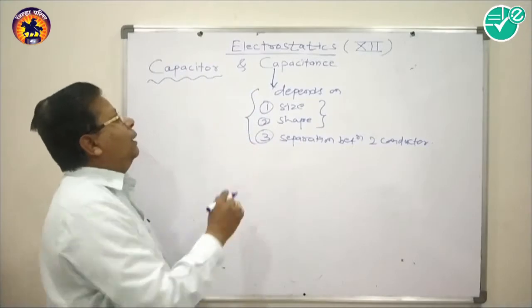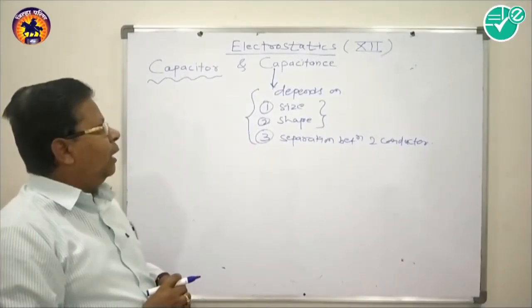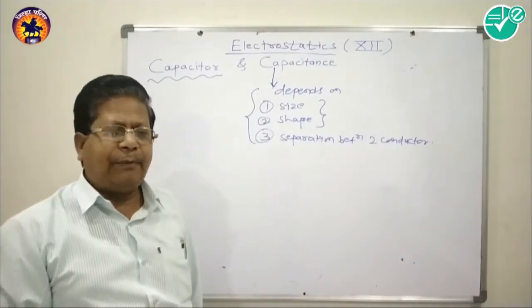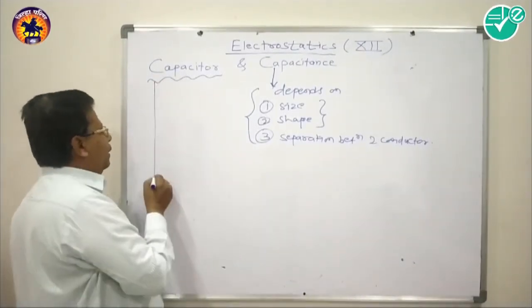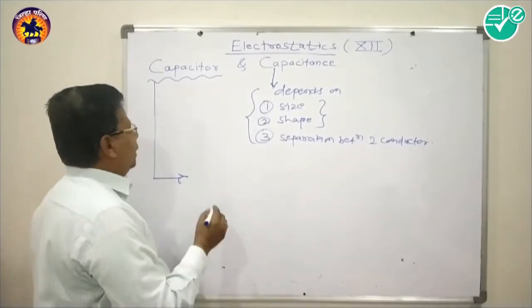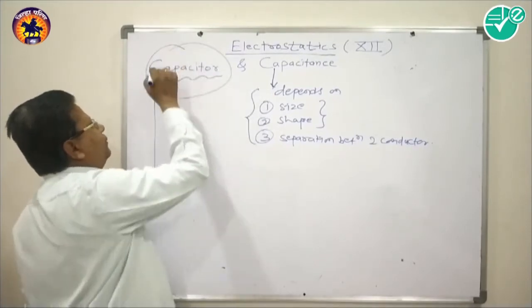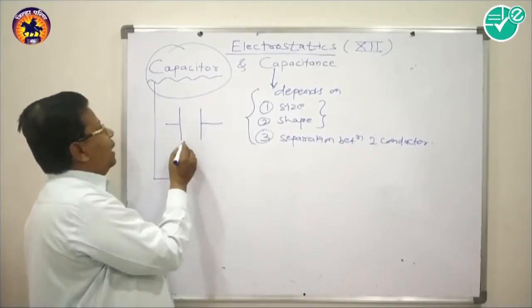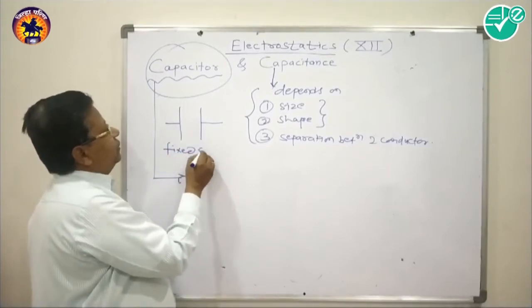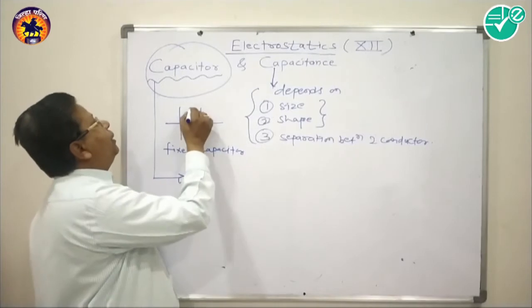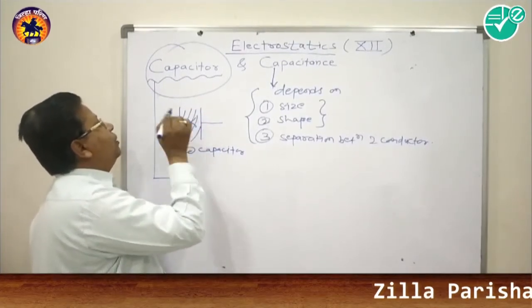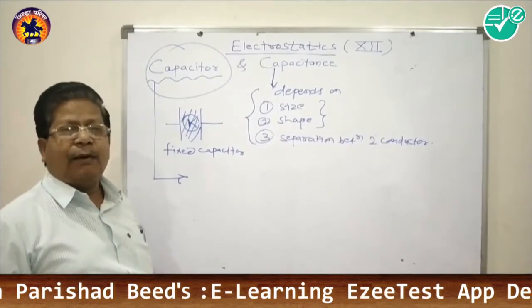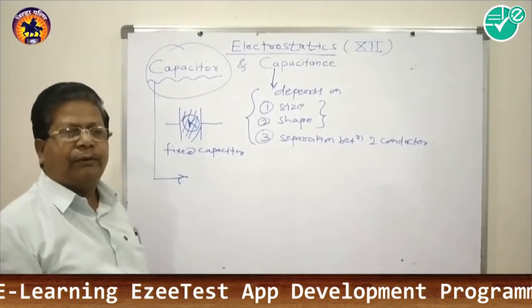Now, depending upon the dielectric medium which is present between the two plates of the capacitor, the capacitors are divided into different types, and the symbol for this capacitor is two parallel lines separated by a small distance, and this is the symbol for fixed capacitor, and in between these two plates a dielectric medium is introduced, which is K. And depending upon which dielectric medium is introduced, the capacitors are of different types.